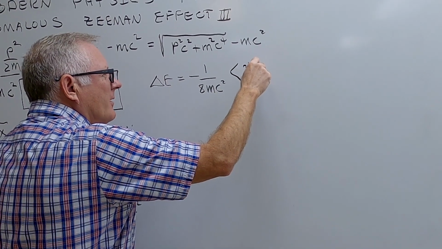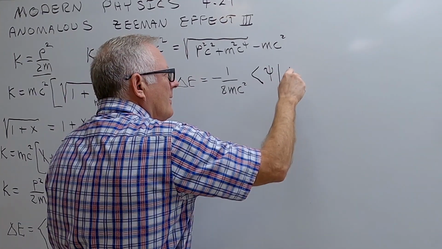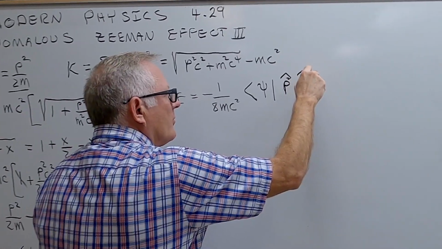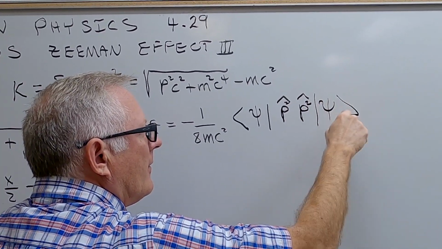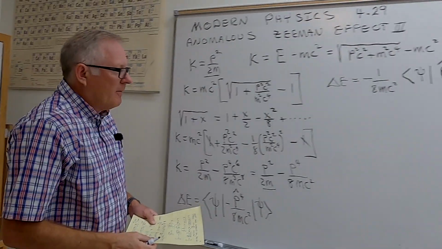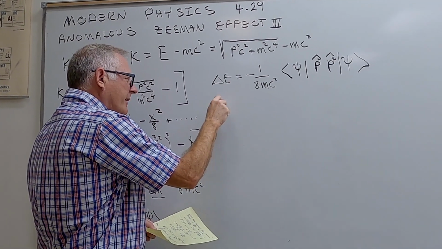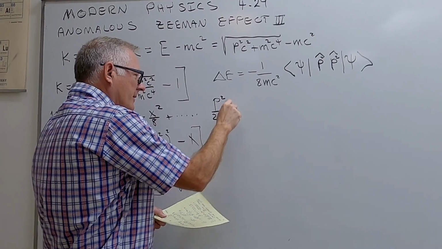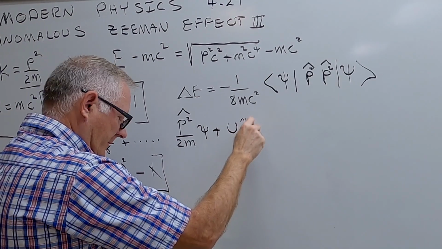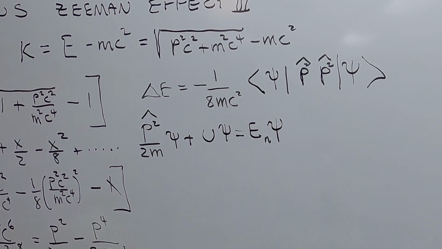And instead of p to the fourth, I think I'll write it as p squared times p squared, psi right here. But you remember we do know what p squared over 2m acting on psi plus U times psi equals E psi. We do know that's true. That's just Schrodinger's equation right here.